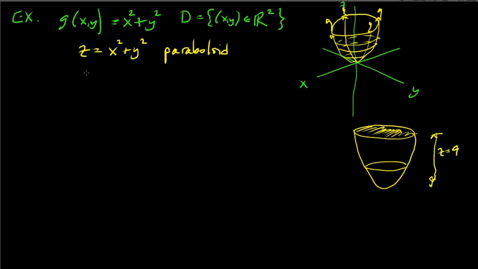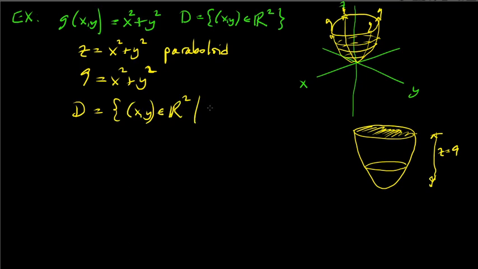So remember what z equals 9 is. This is just a circle, right? So for this, the domain would have to be the set of all points in the xy plane such that x squared plus y squared would be less than or equal to 9. Right, so what would that be? That would simply be the disk of radius 3 in the xy plane, right?